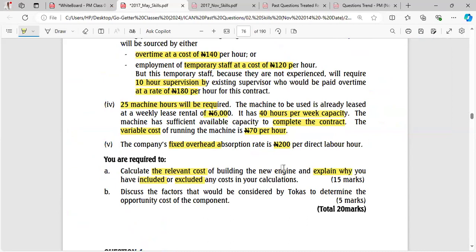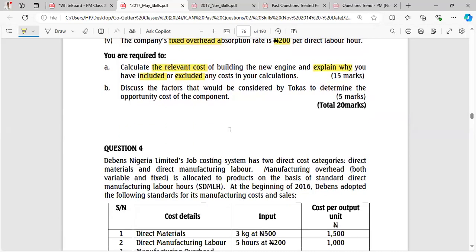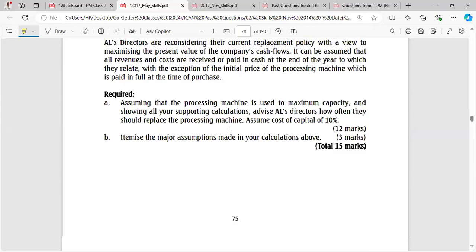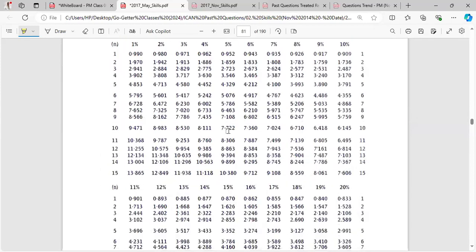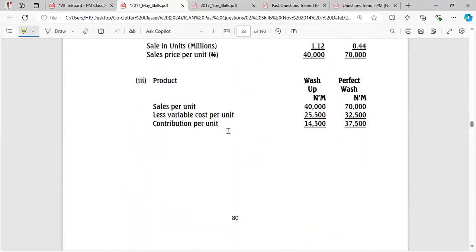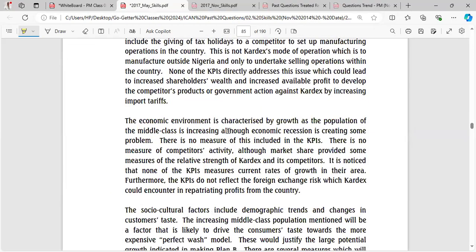And we will not talk about the B part of the question because you already have the past question with you. You can look at those factors that will be considered. Okay, for the sake of it, let's go and see the B part. Let's read it and understand why.